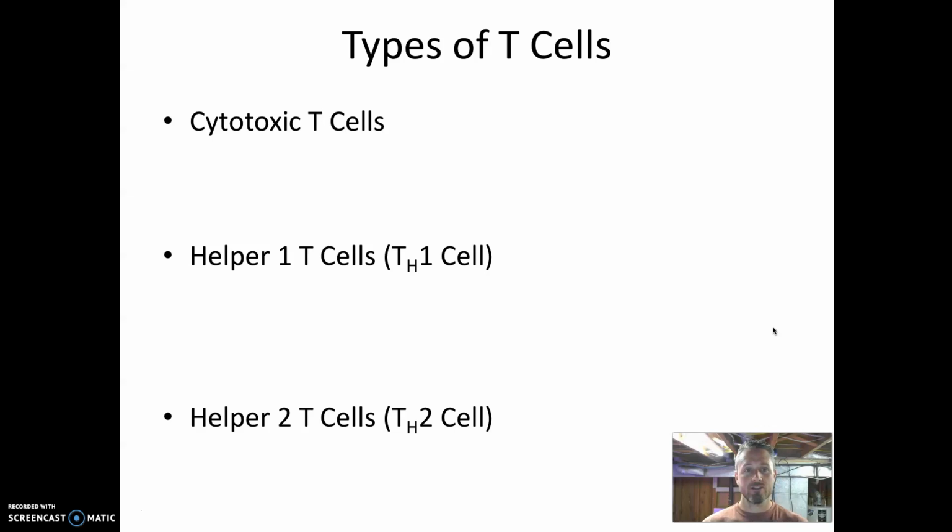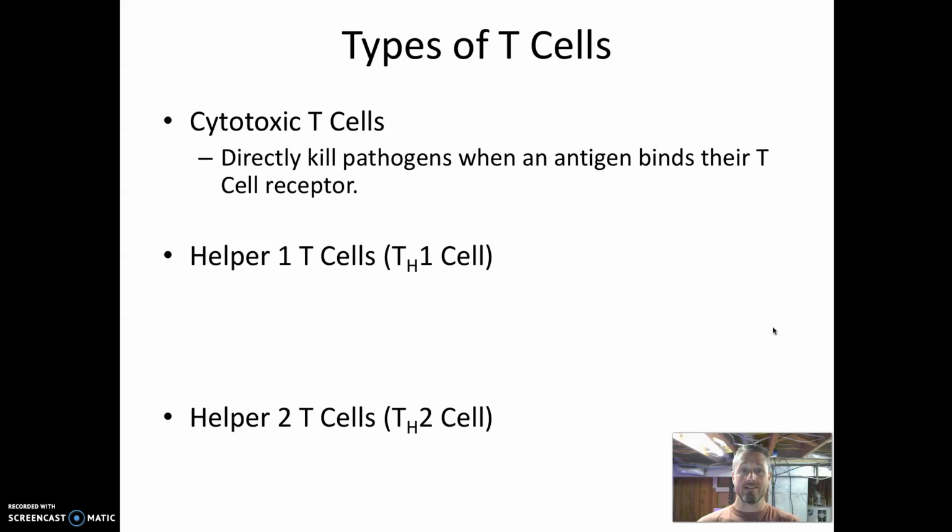So let's start with these cytotoxic T cells and think about what cytotoxic T cells do when they detect the antigen. A cytotoxic T cell's job is to try to directly kill the pathogen associated with that antigen when the antigen binds their T cell receptor.